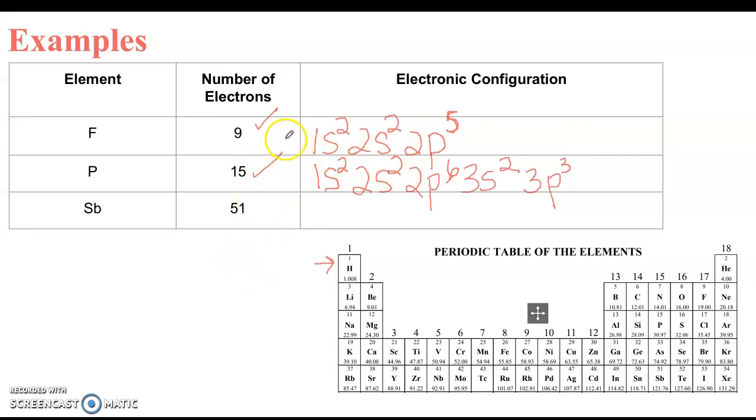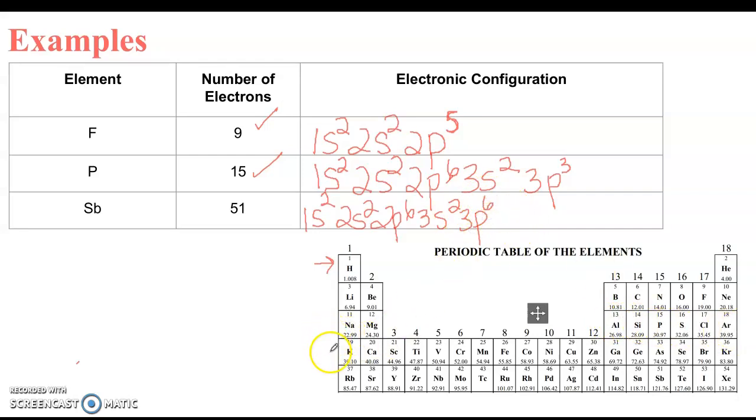And last but certainly not least, I'm going to do antimony. Well, let's take a look. I start at 1s again. So 1s2, 2s2, 2p6, 3s2 is filled, 3p all 6 filled.